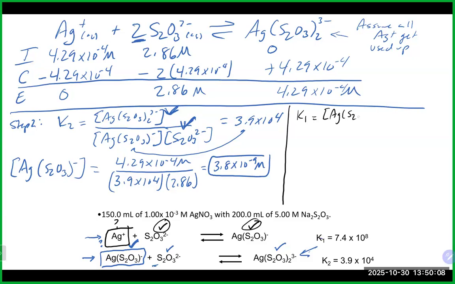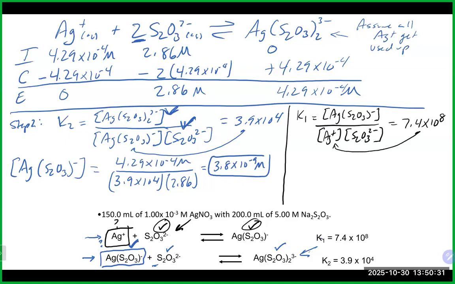So if I did that, I'm going to use K1 down there, which again would be our product, which is sort of that intermediate guy, divided by the silver concentration and the S2O3 2 minus. Once again here, I do not need to square it because I am using this equation, not the overall equation. So that's going to equal 7.4 times 10 to the 8. Since I'm solving for silver, we're going to switch places.